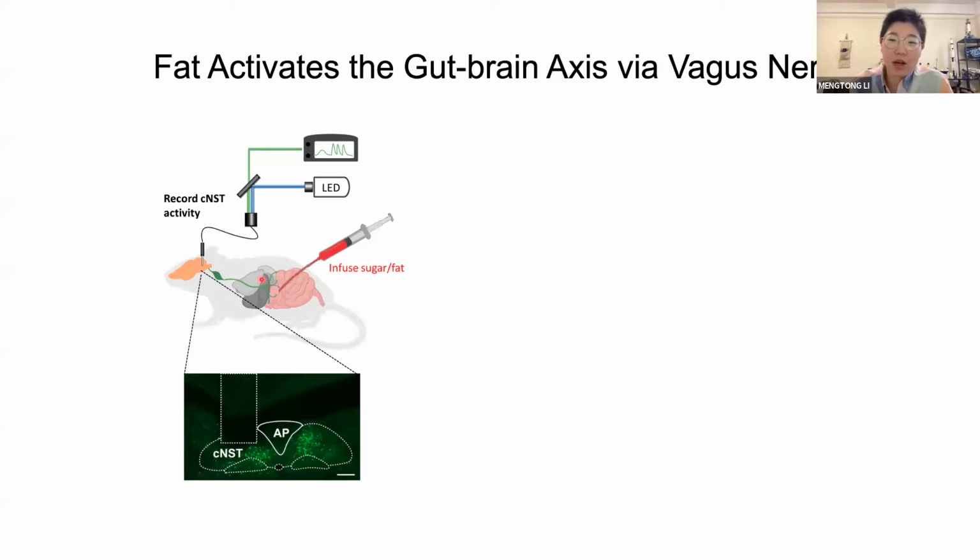To investigate how the fat signals are transferred from the gut to these brainstem CNST neurons, we infuse the fat stimuli into the gut and simultaneously record the neural activity of the CNST neurons by fiber photometry. This image shows where we record from and the track of the fiber.